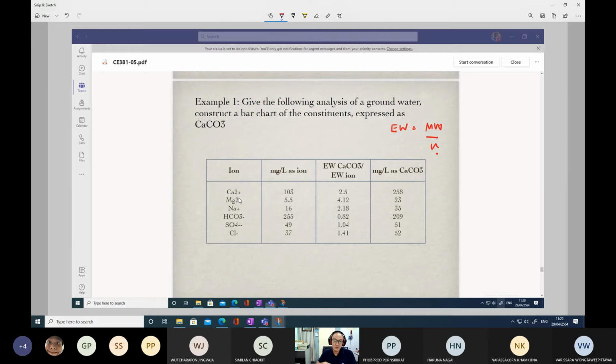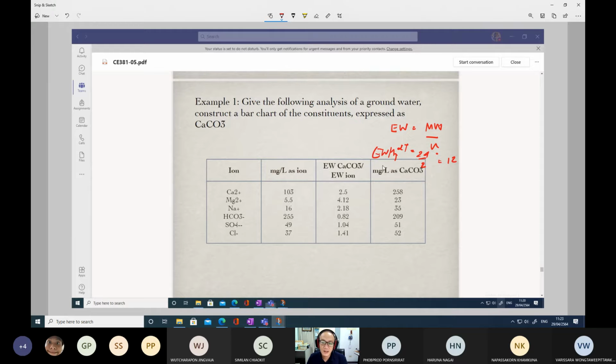Magnesium's molecular weight is 24, and the possible charge exchange is 2 because magnesium is +2. So N is 2. So magnesium's equivalent weight is 24 divided by 2, which becomes 12.